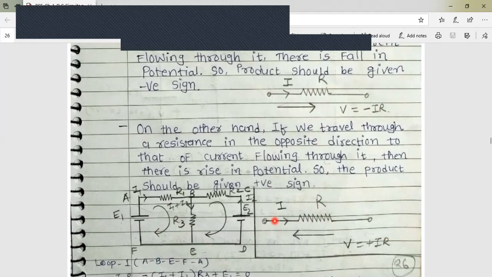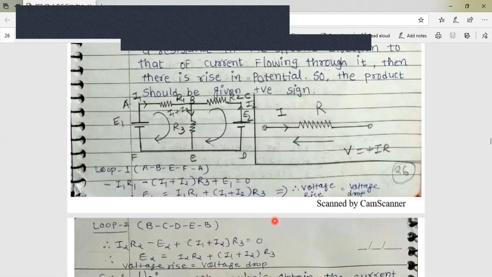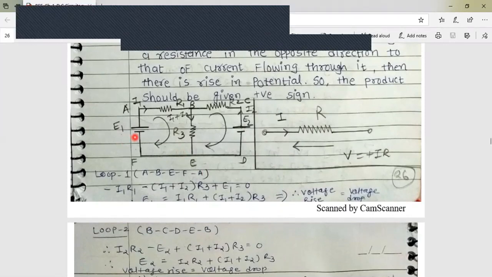So you can become aware of this Kirchhoff's voltage law. See here, this is the circuit. These two are batteries or EMFs, E1 and E2. Both are DC voltage sources. These are the resistances R1, R2, and R3.